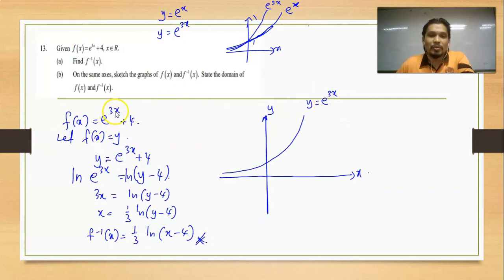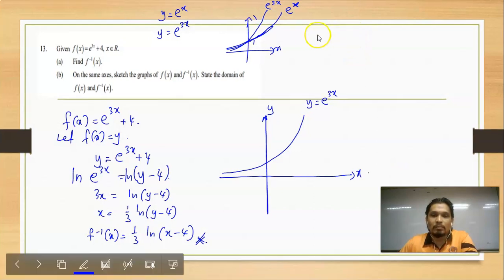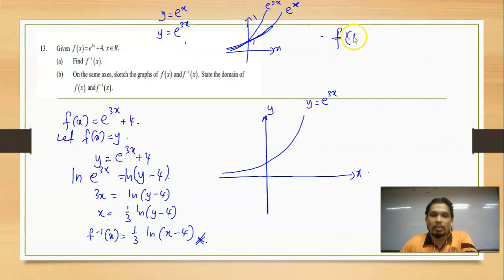When x equals 0, f(0) equals e to the power of 3 times 0 plus 4. 3 times 0 equals 0, e power of 0 equals 1, 1 plus 4 equals 5. So when x equals 0, y equals 5.